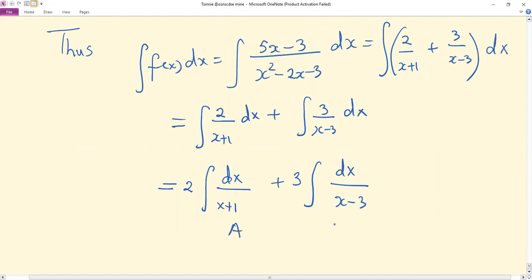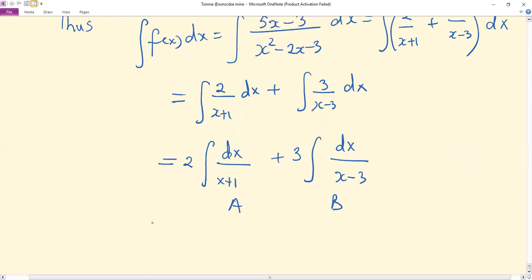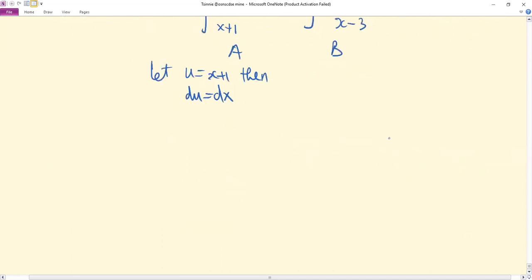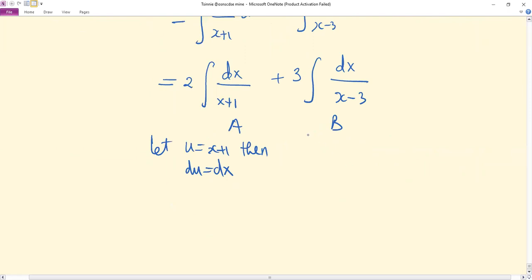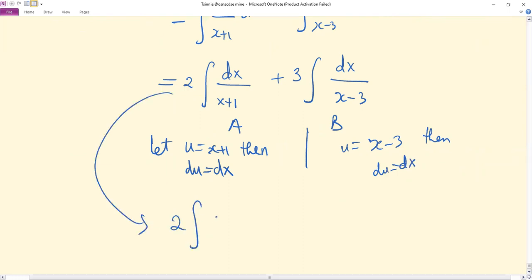Then for this one a and this one b, if we let u be x plus 1, then du is dx. And for this other part, if we let u1 be x minus 3, then du1 is dx, so that this integral will be 2 integral du over u plus 3 integral du1 over u1.